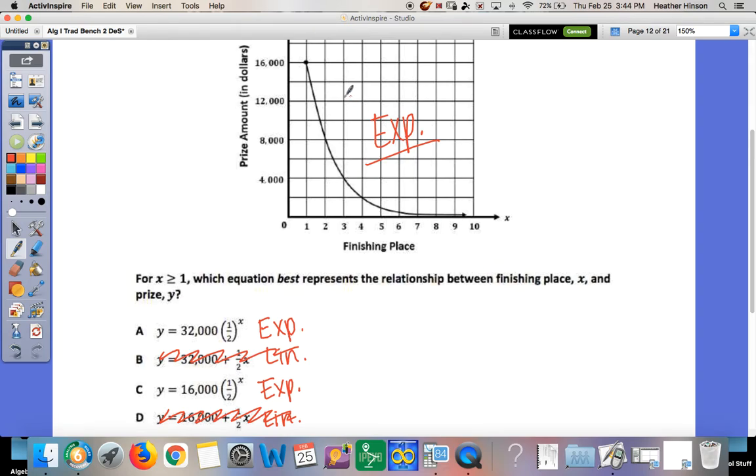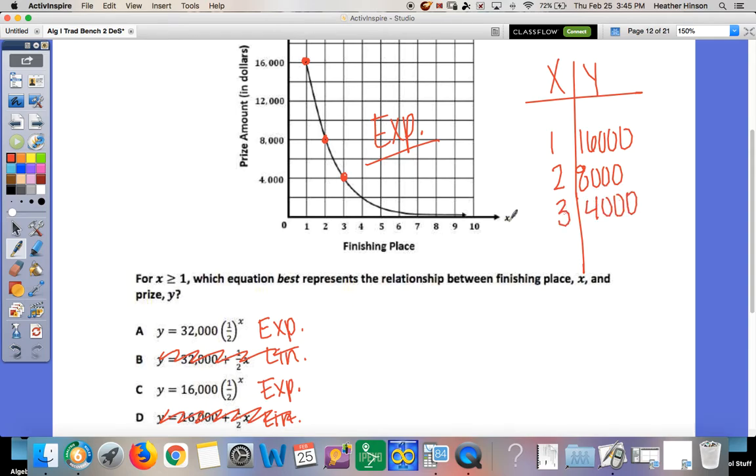So then you can make your table to find your multiplier. So we got 1, 16,000. We have 2, so it's 1, 16,000, 2, 8,000, 3, 4,000, and 4, that would be 2,000.